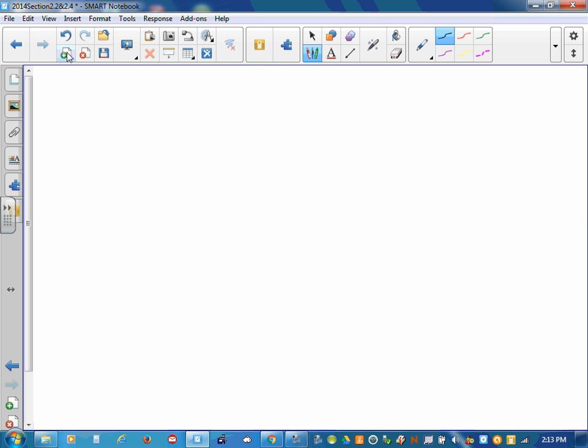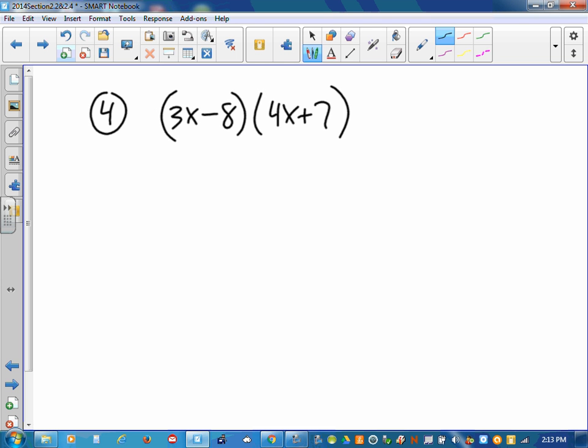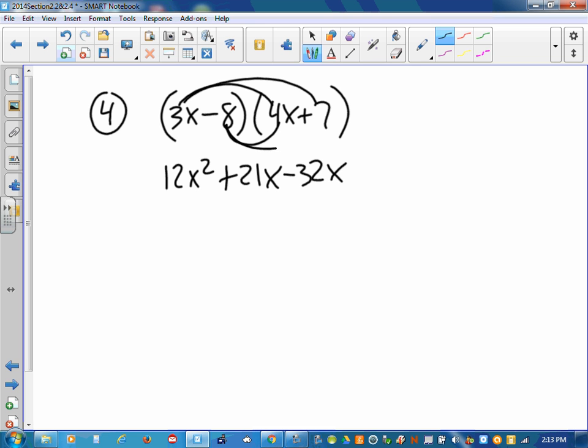New page. Number 4, we're going to FOIL again. We get 3x minus 8 times the quantity 4x plus 7. And we would multiply through, foiling again. We get 12x squared plus 21x minus 32x and minus 56.